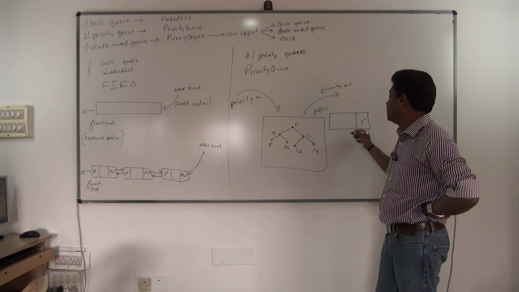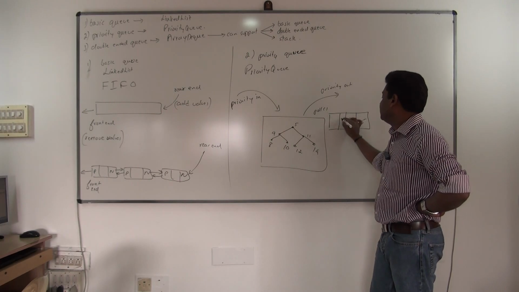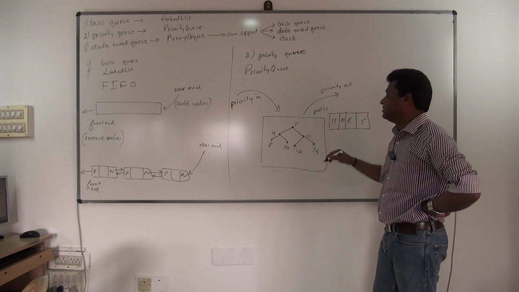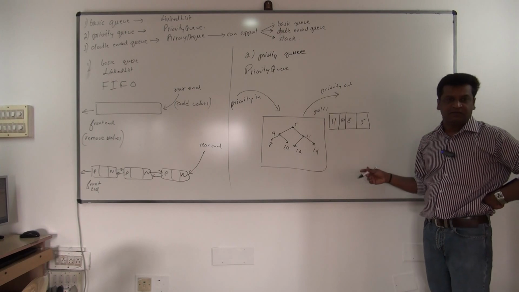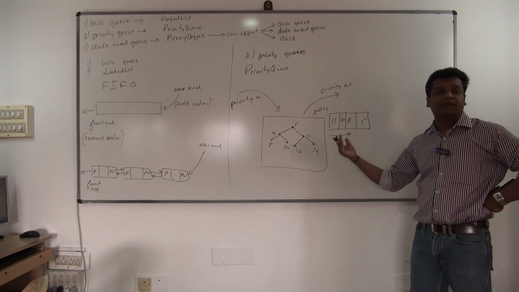Then next will come, for example 8, then 10, then 11. Like this the values will start coming out. The queue will be formed and the poll method starts pushing out the values in this particular order.